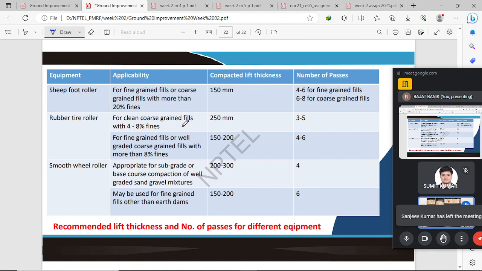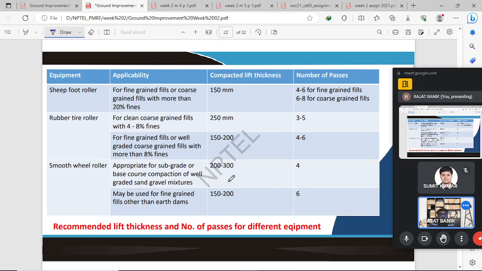The rubber tire roller is also used for fine grain soils or well graded coarse grain soils with fines more than 8%, and the lift thickness is 150 to 200 mm, and the number of passes is 4 to 6. The smooth wheel roller, the roller surface is very smooth, and the compaction energy is also very low.